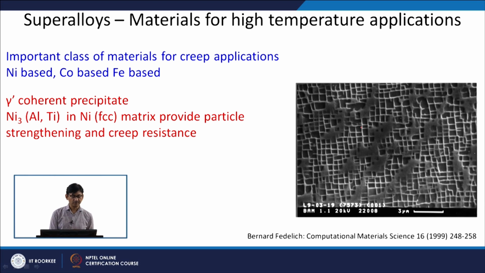This gamma prime coherent precipitate consists of Ni3Al or Ni3Ti in the nickel FCC matrix and provides particle strengthening and creep resistance. Basically it provides an obstacle to dislocation movement. So, this kind of material can be used at higher stress and lower temperatures, because it will be able to give an effective obstacle to dislocation movement. Wherever dislocation creep is dominant, we can use a material like a superalloy.